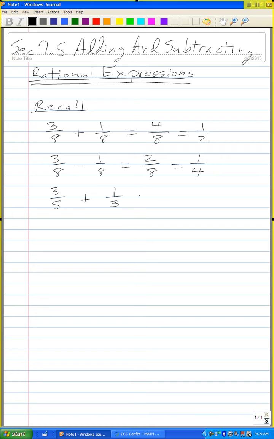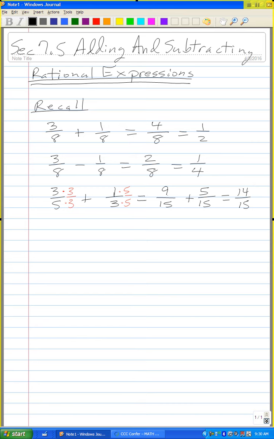Well, you find the common denominator, rewrite each of your fractions as equivalent fractions with the same common denominator. So you would multiply by 1 so that you can rewrite them as equivalent rational fractions with the same common denominator. And then add, just like what you did in the previous example, and reduce if at all possible.